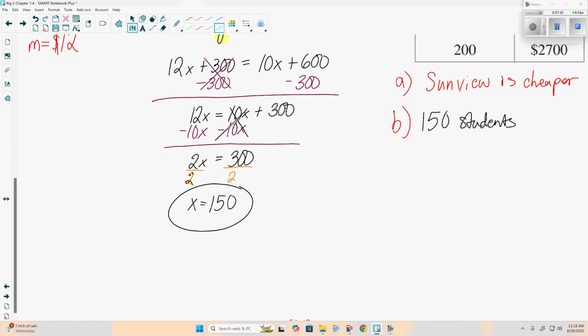So at that point, we're looking less about financial and more about which venue is nicer or has more stations, other things too. We're looking more at the other pieces, not at the price. So it says that 150 students for both Sunview and Lakeside will be the same.